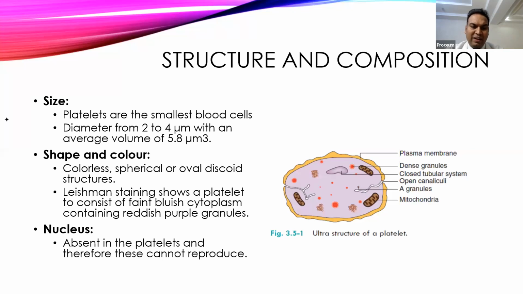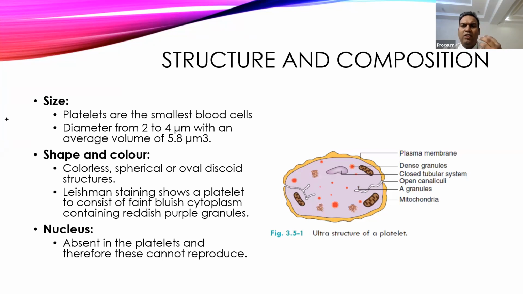They are oval and disc shaped, and they are colorless. On Leishman stain, they usually get a faintish bluish color because of the cytoplasm, and they don't contain a nucleus, so a dark blue color will not be seen.